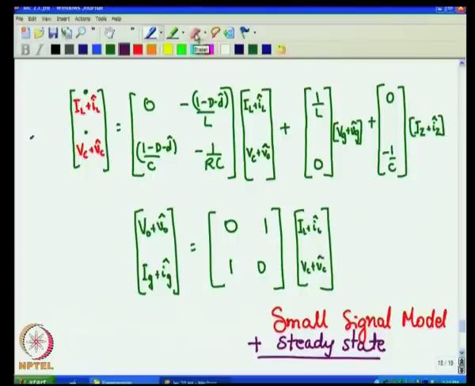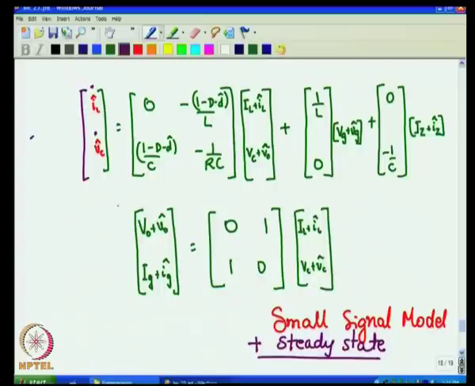So, we know that the IL dot, Vc dot are the derivatives of the steady state. So, they are apparently 0, and therefore, we can remove that part, and we have basically the small signal dynamics.